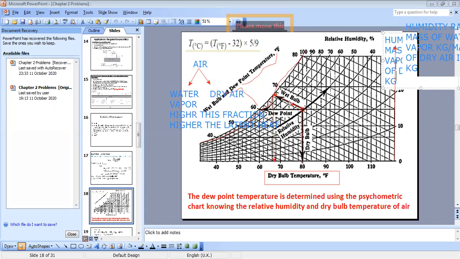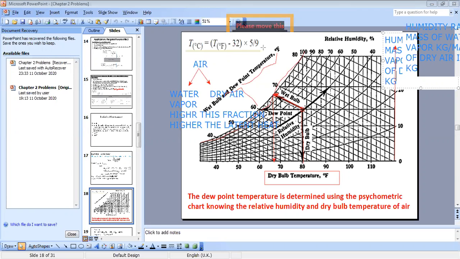Because the amount of water vapor inside air is increasing. So the idea here is that you are transferring sensible heat in your mixture to latent heat. And if we reach 100% relative humidity, this means that our air cannot sustain any more additional water vapor, and at this stage you will have condensation.